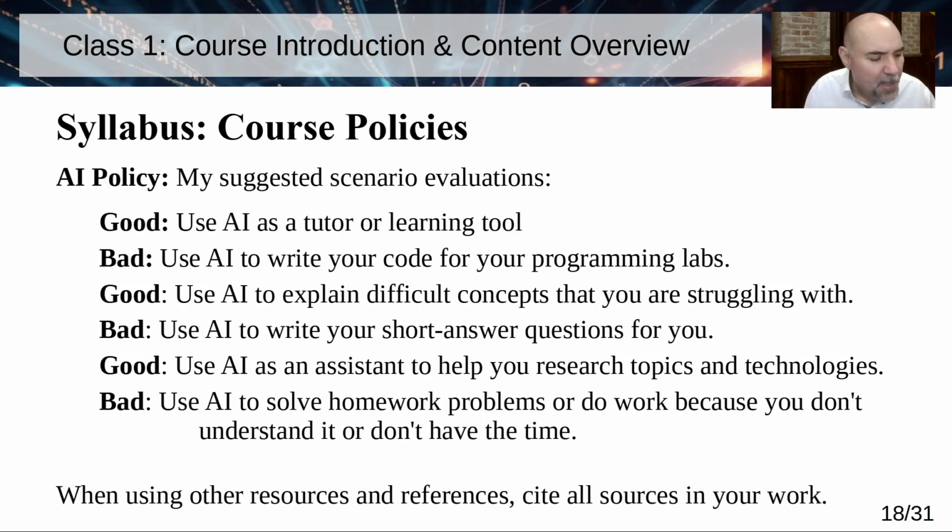Also, in this class, if you do use outside resources, or you find a website that explains something or has a little bit of code and you think, oh, that's perfect, that's exactly what I want to do, and you take that code and let's say you understand it completely, put a citation of that in your comments at the top of your program saying here's this website I got this from, or this Wikipedia page, or this place I got it from.